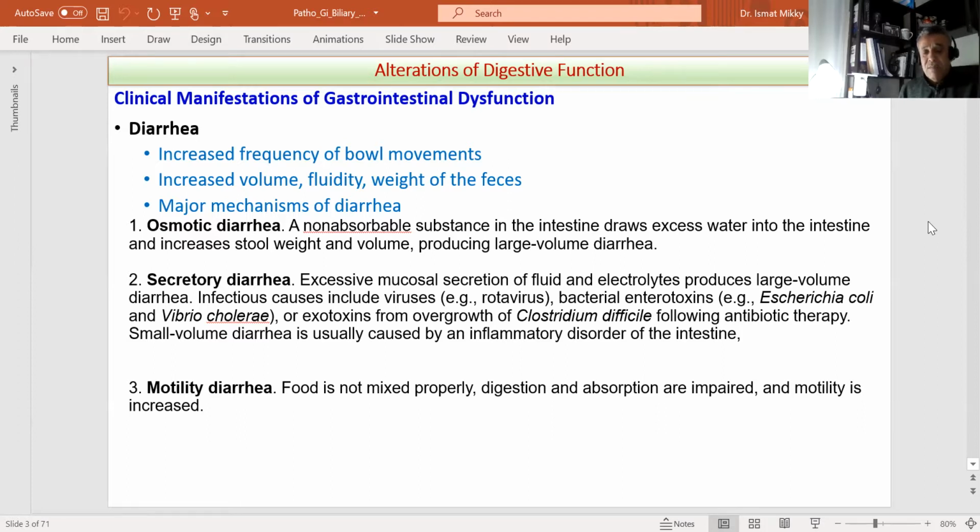The last one is motility diarrhea. Causes of this type include resection of the small intestine, which is called short bowel syndrome, a fistula that could develop between loops of intestine, like an intestine-to-intestine fistula, or IBS, irritable bowel syndrome.